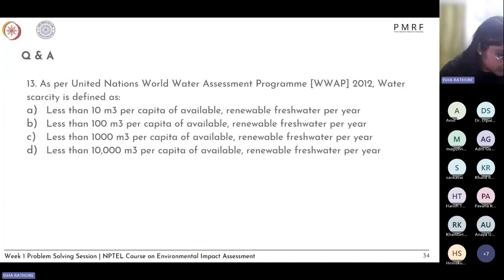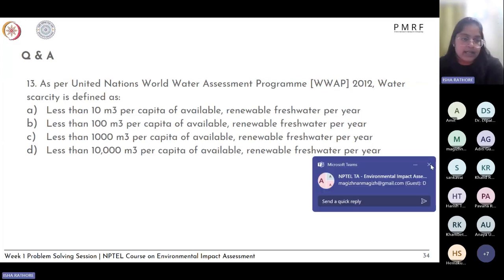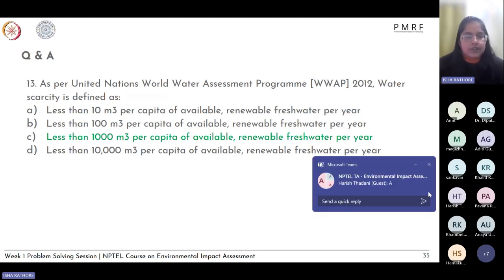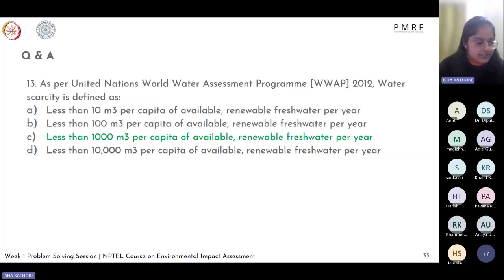Okay, so we have a few C's, a B and a D. The correct answer is C, that is water scarcity is defined as less than 1000 meter cube per capita of available renewable fresh water per year. So again, this is a definition which is significantly relevant. So C is the correct answer.